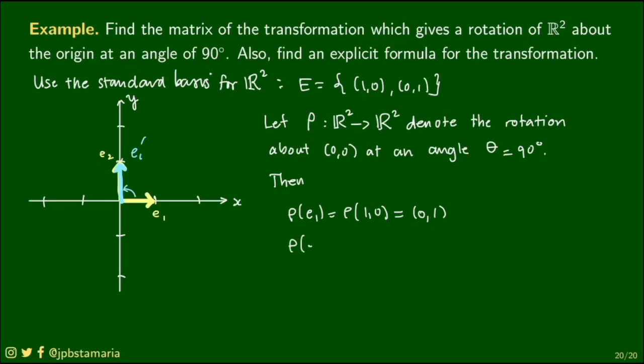Now the image of E2 is going to be, so this vector will now move 90 degrees over there, so the image is going to be this vector. We can now call this E2 prime. So the image of (0, 1) is now at (-1, 0).